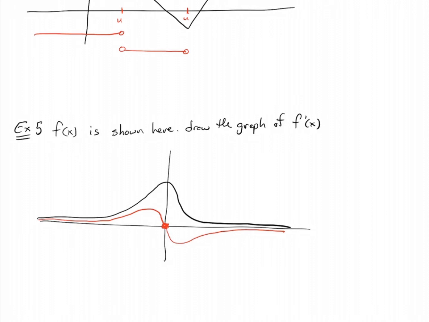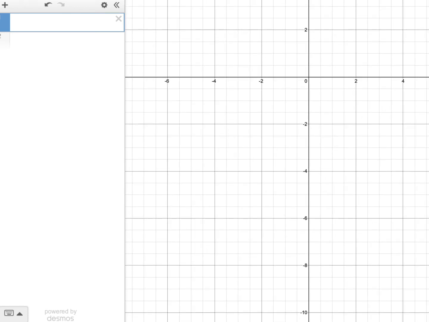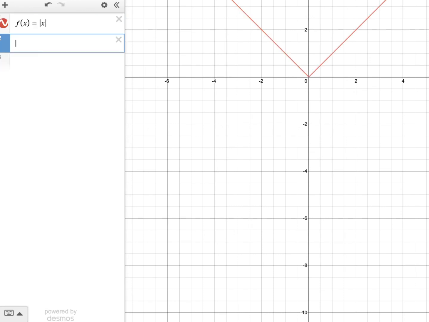All right, let's look at Desmos for a minute, because Desmos can do this for you. Well, it can't do the drawings for you if you don't have the function, but it can do the derivative of a graph. So let's look at that first one we did, f of x is the absolute value of x.